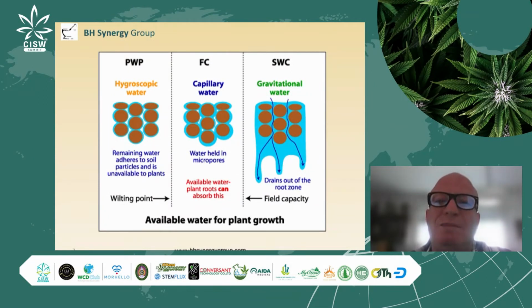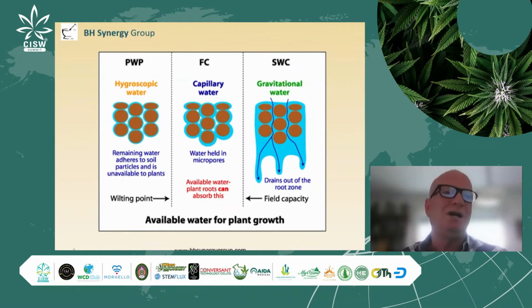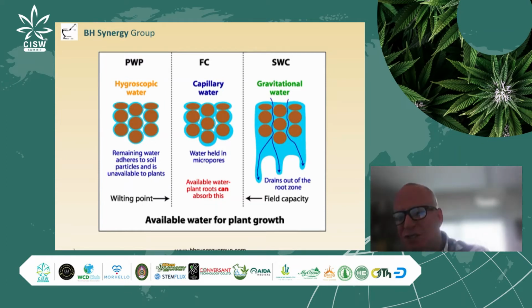If we are at field capacity, more or less, the micropores hold the water, it's more available, and the roots can absorb it better. When we are at a wilting point, no water, the plant root system is very poor, and it's getting bad, and the plant is trying to lose its ability to grow.